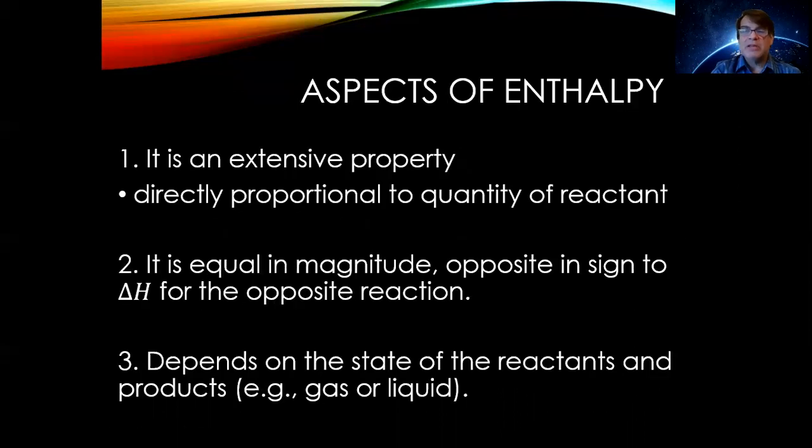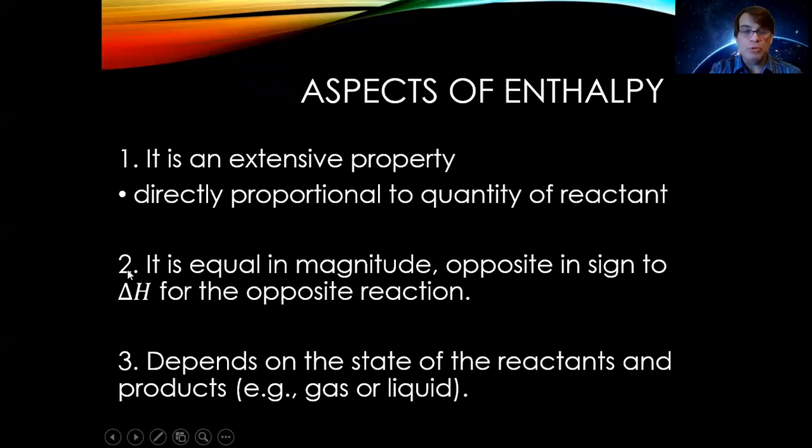Okay, some aspects of enthalpy that are introduced in this section. First of all, it is an extensive property. That means that the amount of heat is directly proportional to the quantity of reactant. The more reactant you have, the more heat either given off or absorbed in the reaction.